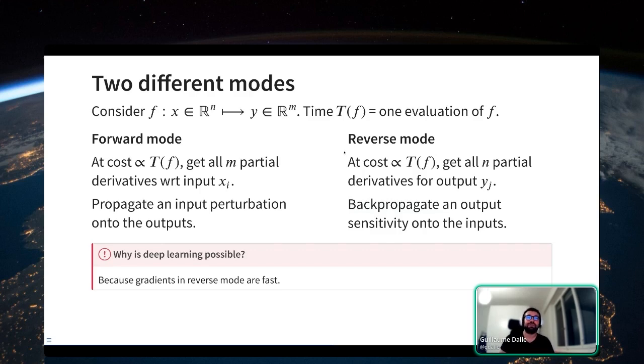But it's really important. It's the thing that makes deep learning possible. Why is deep learning possible? Because of reverse mode automatic differentiation specifically, because we can compute gradients really fast. Indeed, for gradients, the number of outputs is one. So for a cost that is roughly the same as one evaluation of the function, you get all partial derivatives which form your gradient vector.